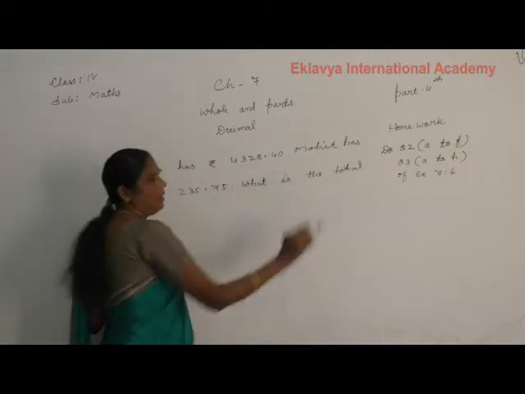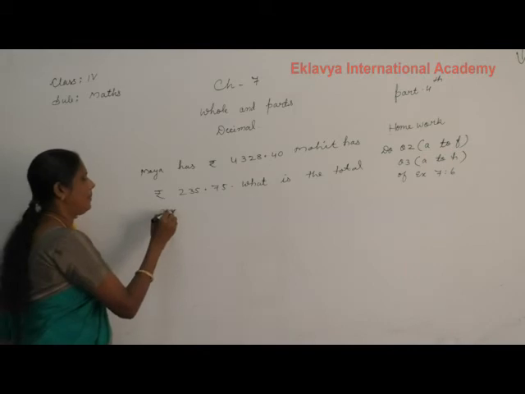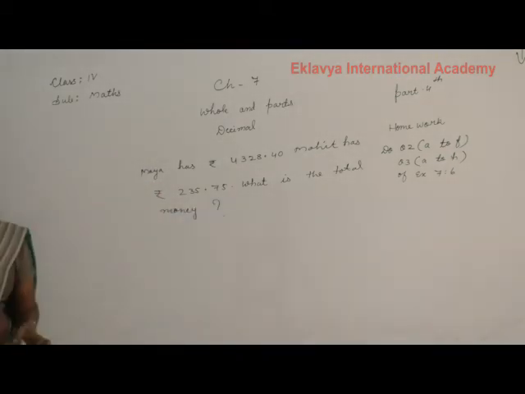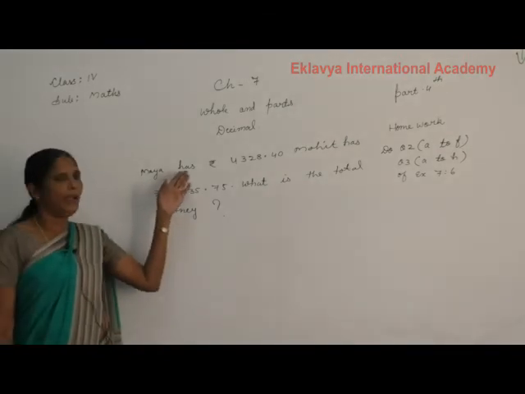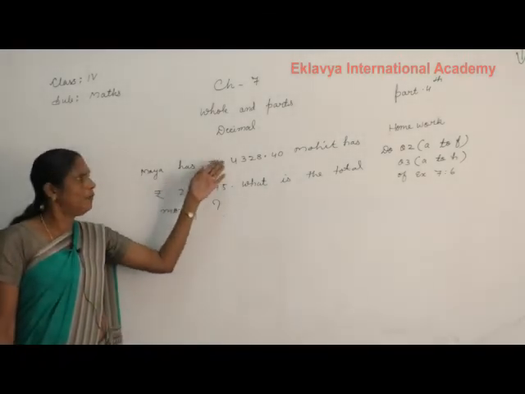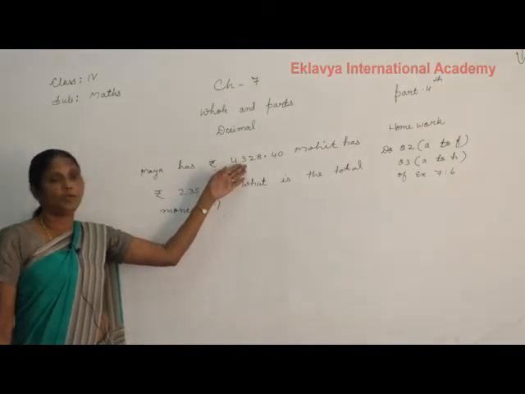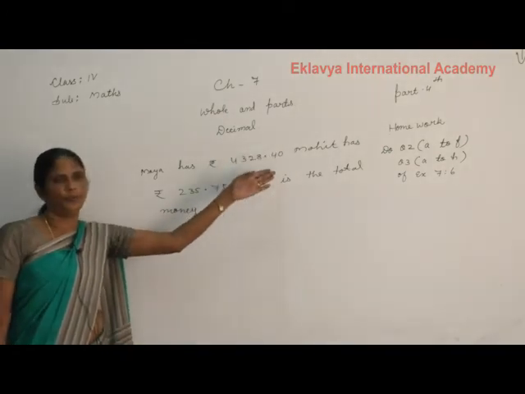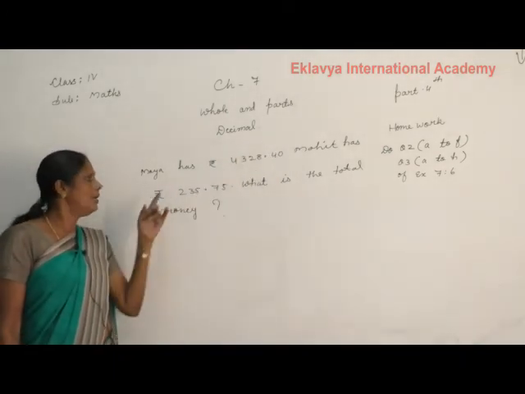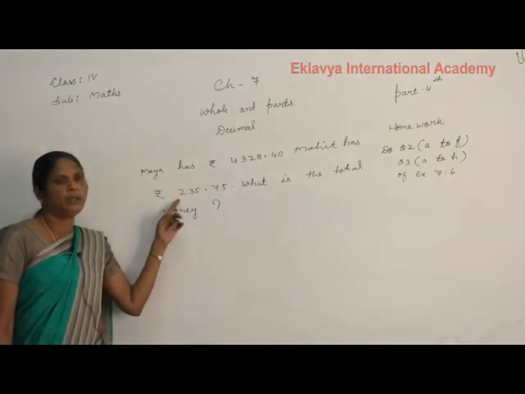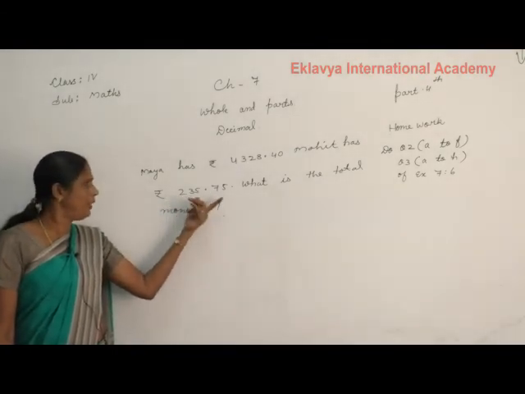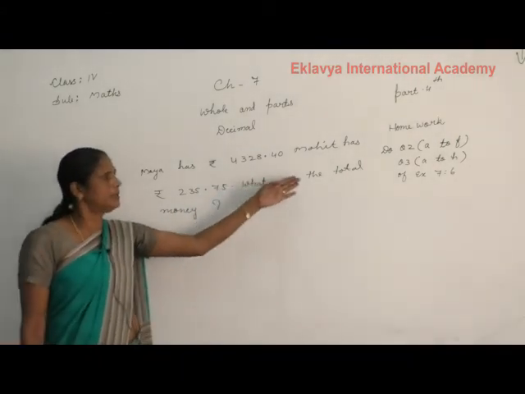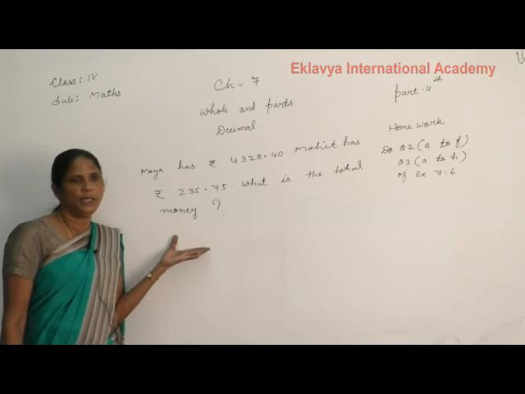What is the total money? Again you read the question. Maya has rupees 4,328.40. Mohit has rupees 235.75. What is the total money?